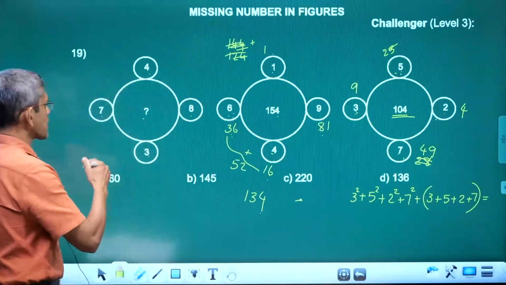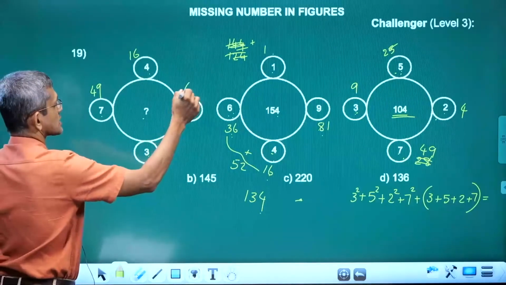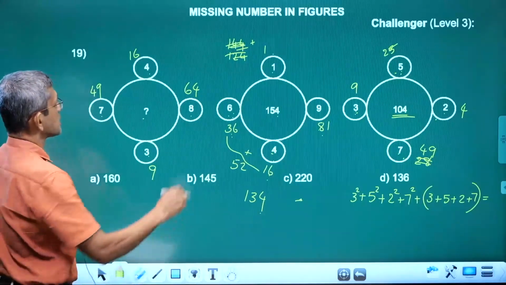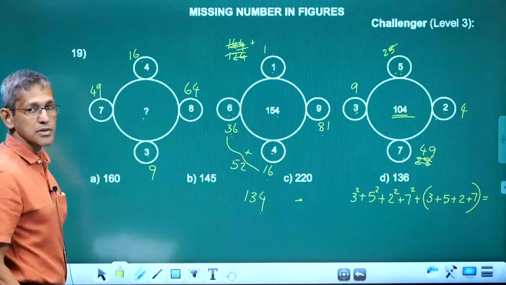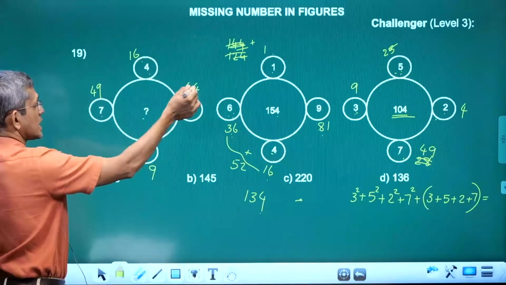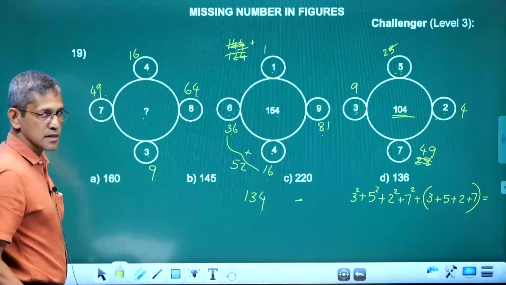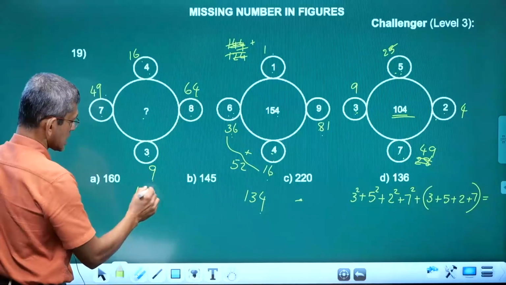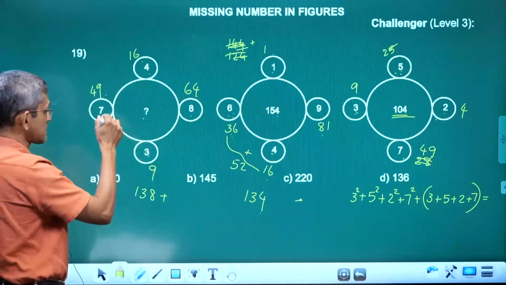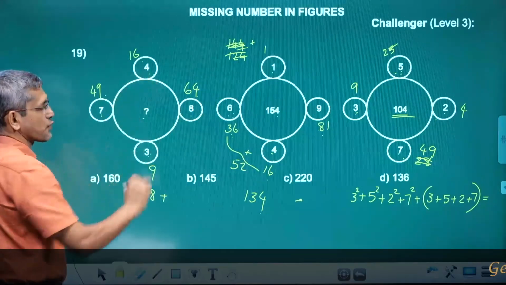And apply the same pattern right here. 7 squared is 49. This is 16. This one is 64. This one is 9. Let's add it up. 64 and 16 is 80. 80 plus 50 is 130. 130 plus 8 is 138. 138 plus the sum of these numbers. 7 plus 3 is 10, 18, 18 plus 4 is 22.